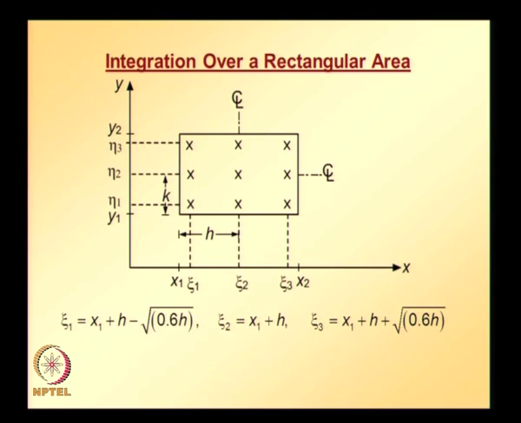And similarly, what are the weights at these locations? Weight at psi 1 is 5 over 9 times h, h is half the dimension of the rectangular area along x direction, W2 is 8 over 9 times h, W3 is 5 over 9 times h.